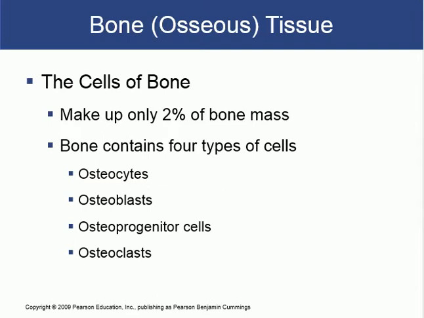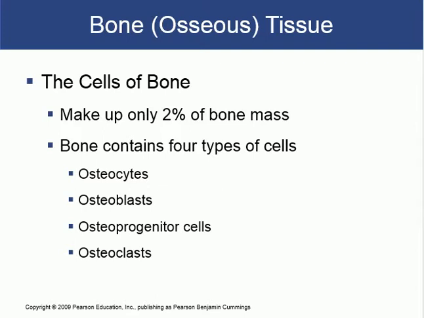The third type is called osteoprogenitor cells. What's progenitor? Progenitor is exactly like germinative. Do you remember the germinative cells? Stem cells. So each stem cell of each type of cell will have a name. The germinative cells are the cells that germinate the other types of skin cells.